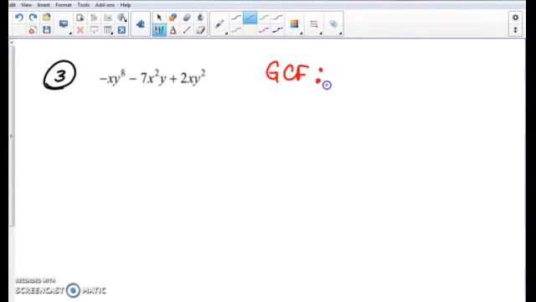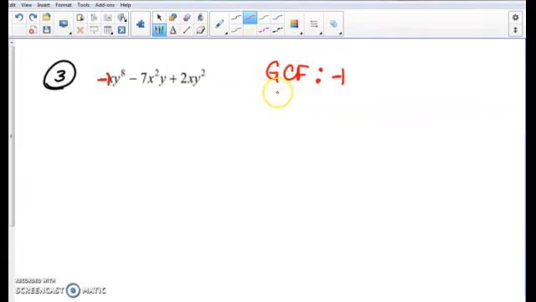We don't worry about the signs. So in front of my x here, I'd actually have a 1. So I have 1, 7, and 2. So technically, the GCF there could be 1, because that's the smallest number, and 1 can go into all the numbers evenly. So 1. But like we did last time, because that guy's negative, I can take out a negative 1.